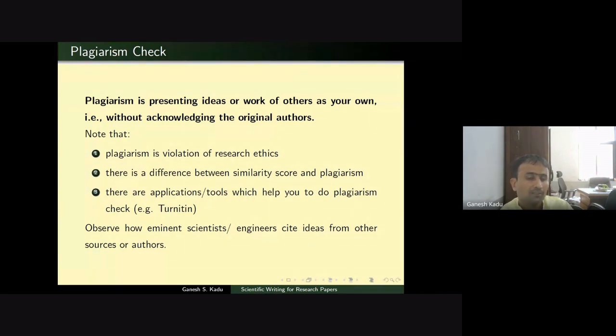So that is a violation of research ethics, and you can get punished for this. You must remember this. But getting punished for doing this is a different thing, and if you're really sincere about your research, it is clear that you won't do such things. I mean, you want some respect.